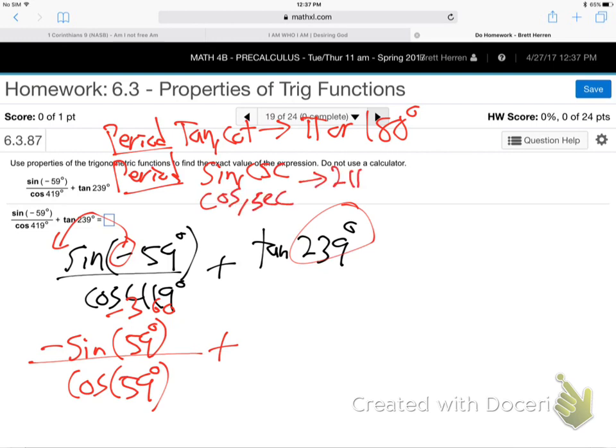Their period is 2 pi or 360. That's why I keep subtracting 360 from sines and cosines, because they repeat themselves every 360. But tangent and cotangent repeat more frequently, every 180. So I can actually subtract 180, and this becomes tangent of, guess what? 59. That's the trick they're wanting you to see.